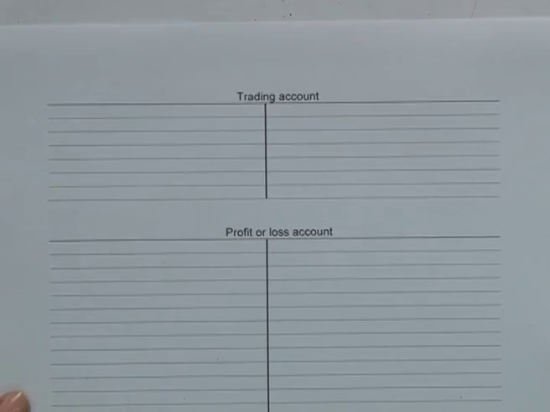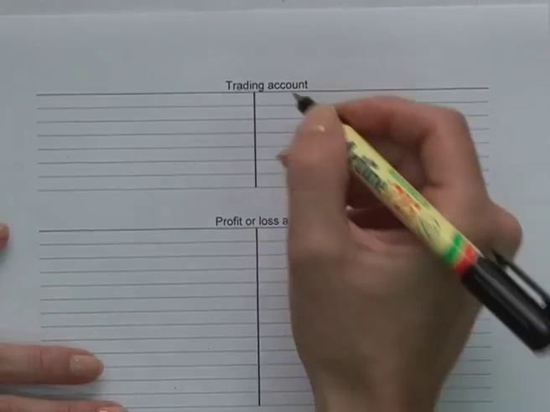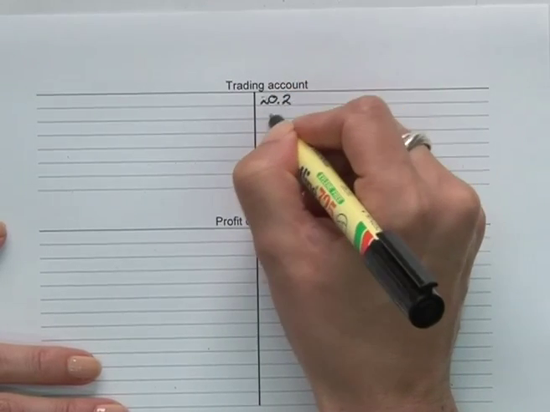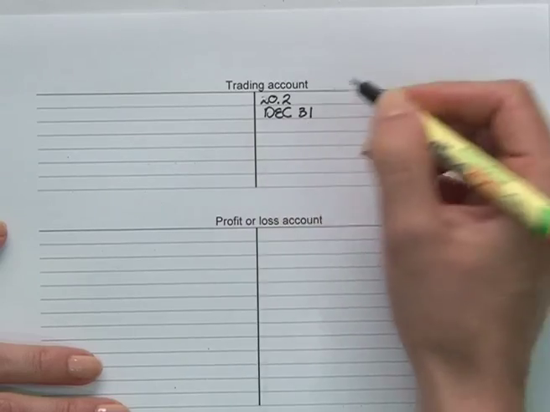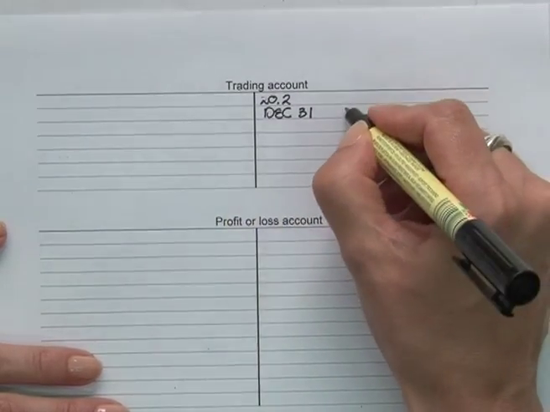The second part of the required, where we draw up the physical general ledger accounts. The first account that we're going to draw up is the trading account. And you'll remember we perform the closing transfers at the end of the year. So if we put our date here, the 31st of December, the first account that we closed off to the trading account was the sales.